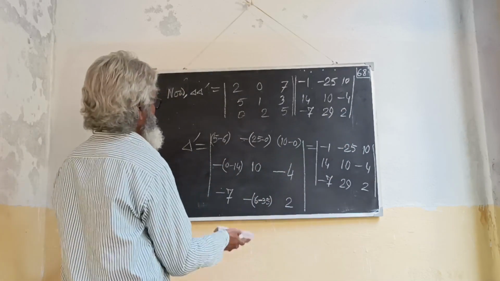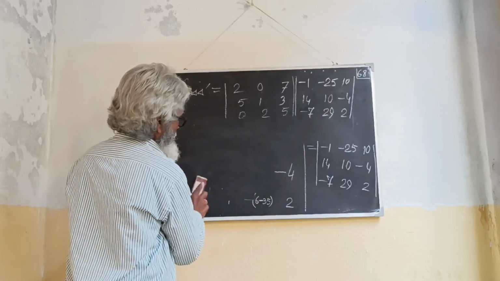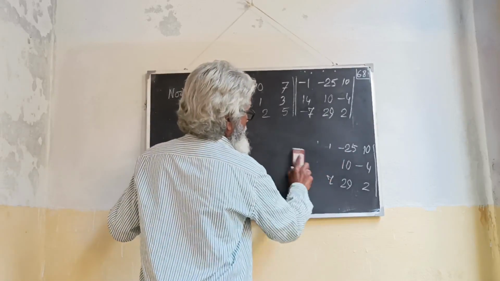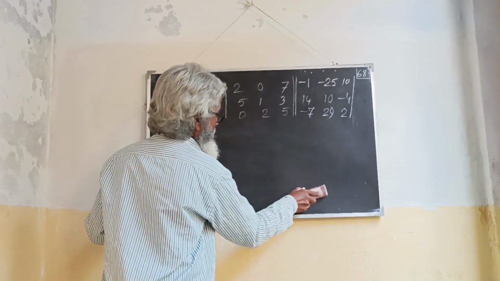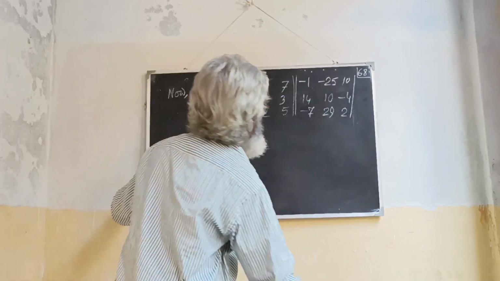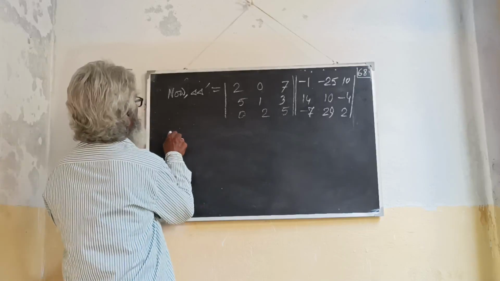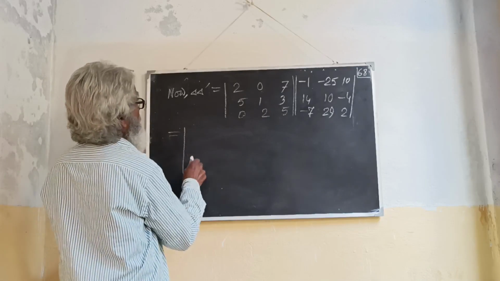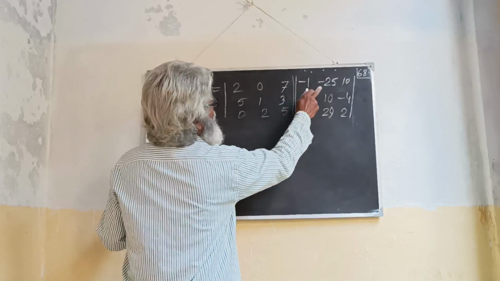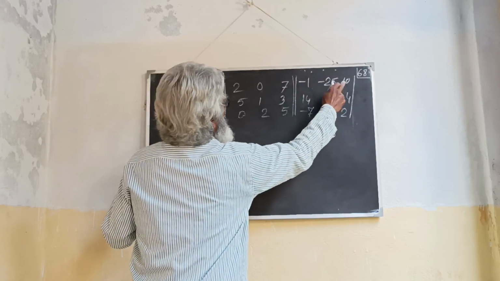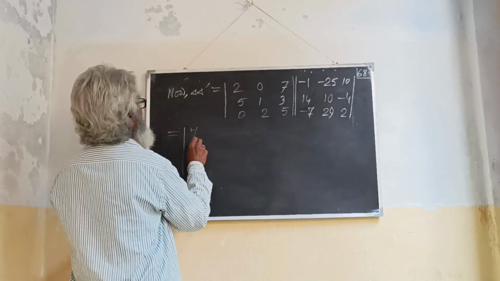We multiply these two, equal to minus 2, this is 0, plus 70, so it will be 72.